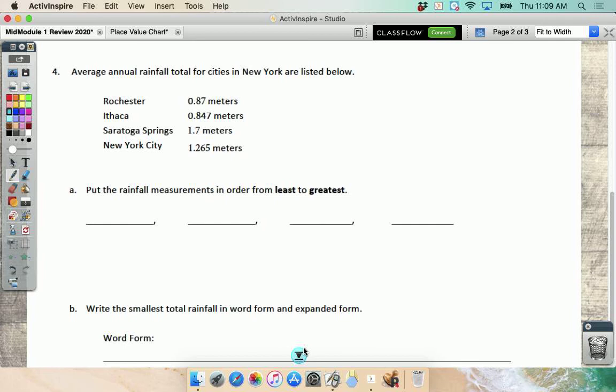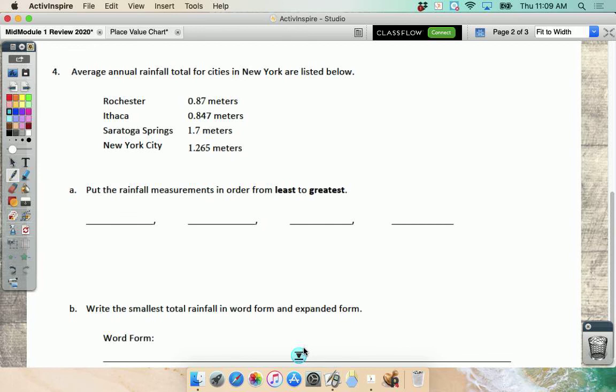So that would be just a little bit more. It'd be 26 centimeters. So maybe like this much more? That much more. Okay? So that's a lot of rain for 1 year, isn't it? New York is lucky. I think if we got that much rain, it would flood our city. Don't you? Yeah, our town.